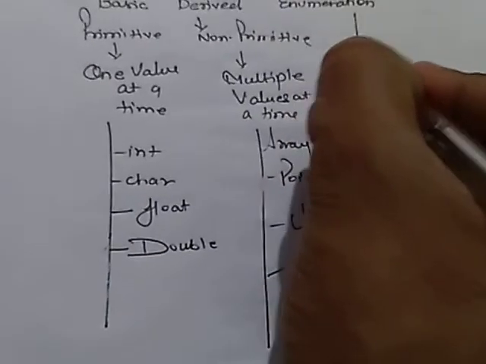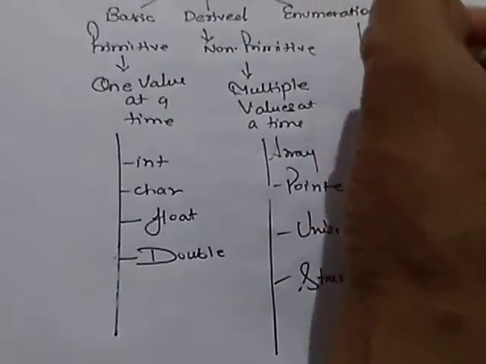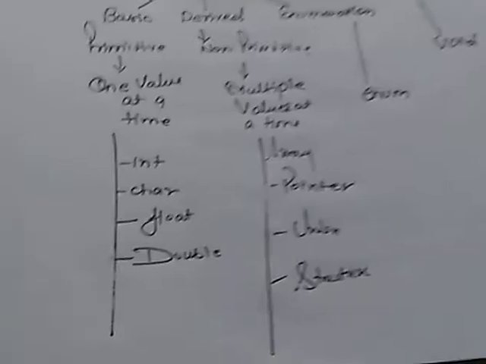In short, we can say that enum and void consist of only void data types.